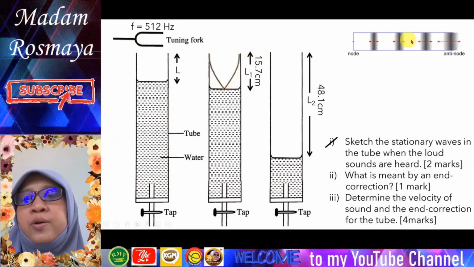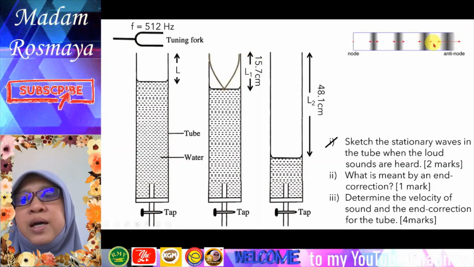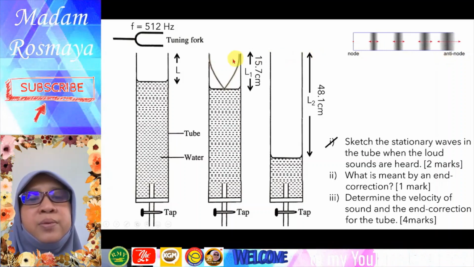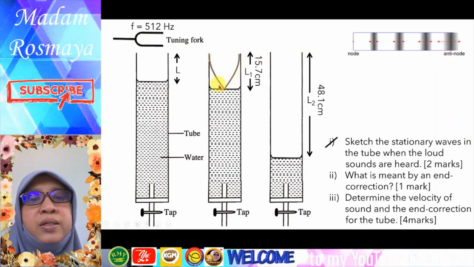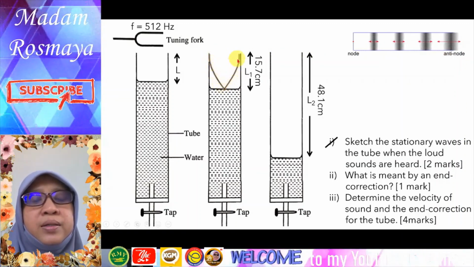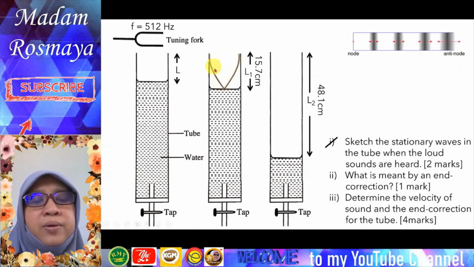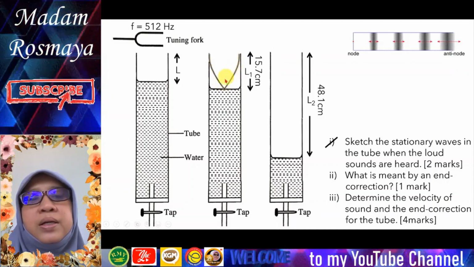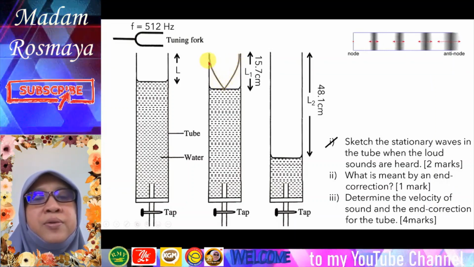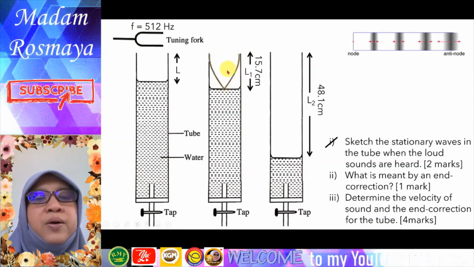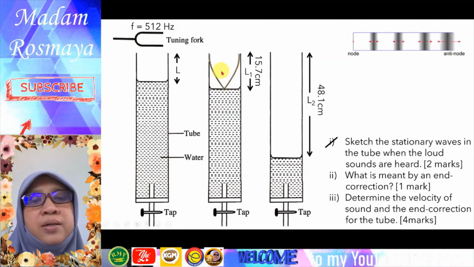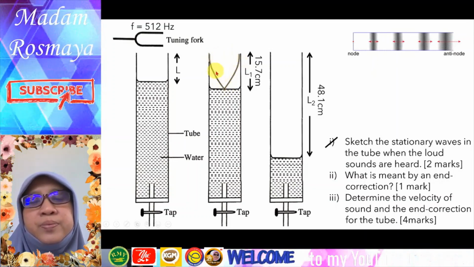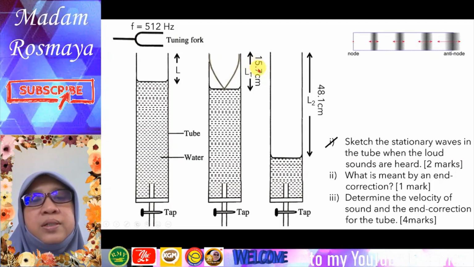If we draw the air molecules wave, it's hard to compare the node and antinode, so it's better to draw the analogy using a string wave. So this is where the first resonance occurs, the stationary wave in the tube when the first loud sound is heard.